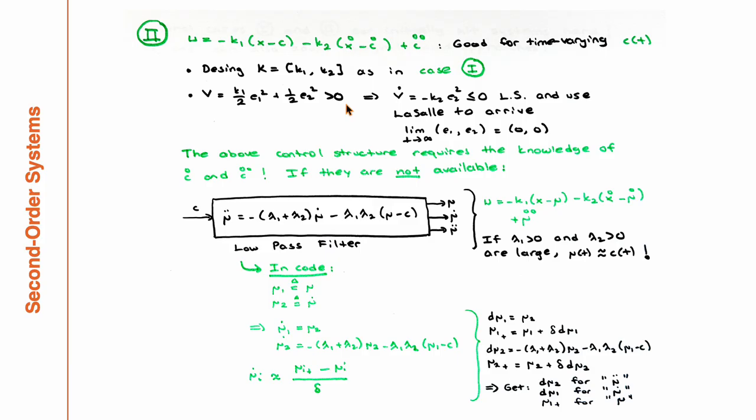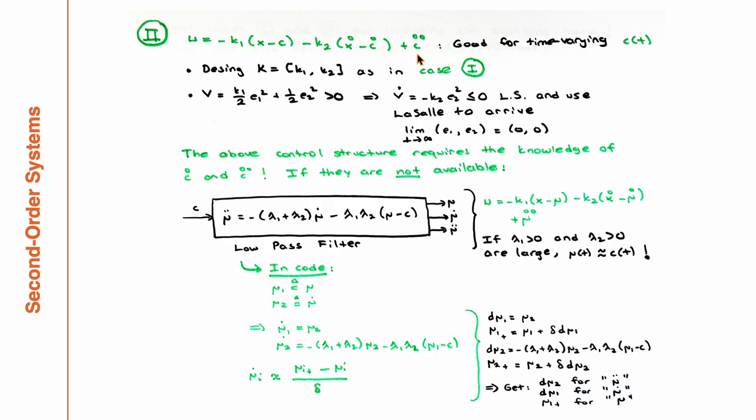Anyway, this is the generalized case, which is good for tracking any smooth time varying function C, because you need to compute C dot and C dot dot for this analysis to hold. This control structure assumes C dot and C dot dot are available. If not, like we did for the first order case, we are going to approximate them.